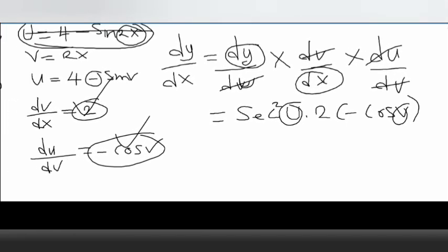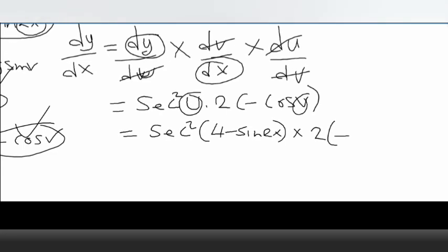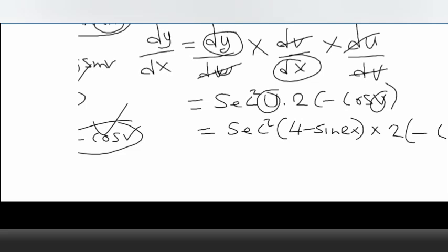So let's just replace what we have. So we are going to say dy dx is going to be equal to sec squared u, it is 4 minus sine v. Then what is v? V is 2x. Then multiply by 2, open bracket, negative cos v. So what is v?